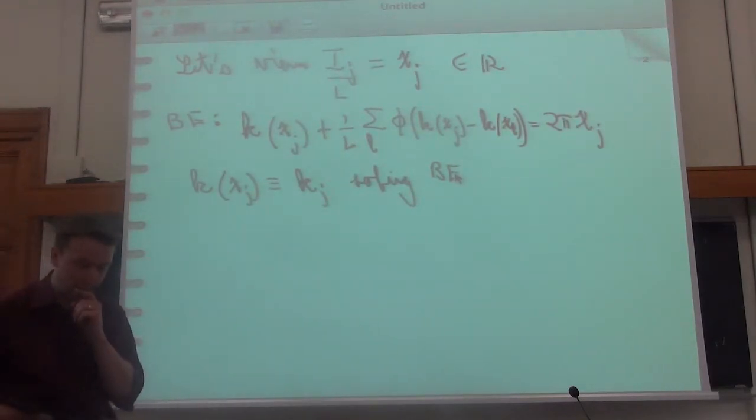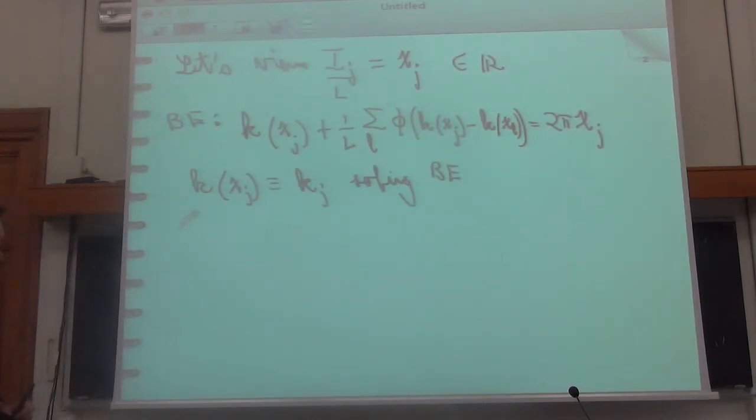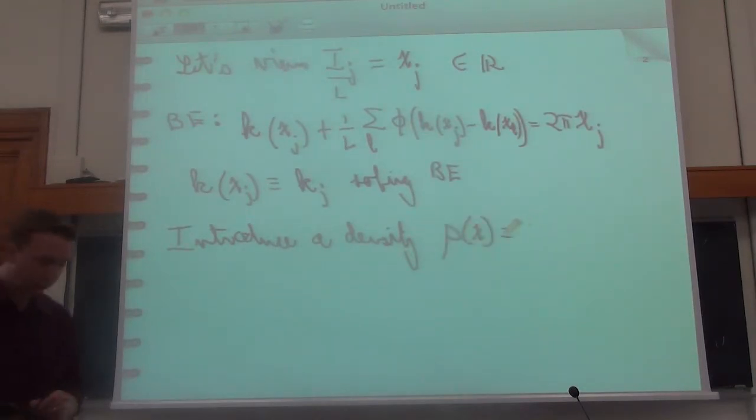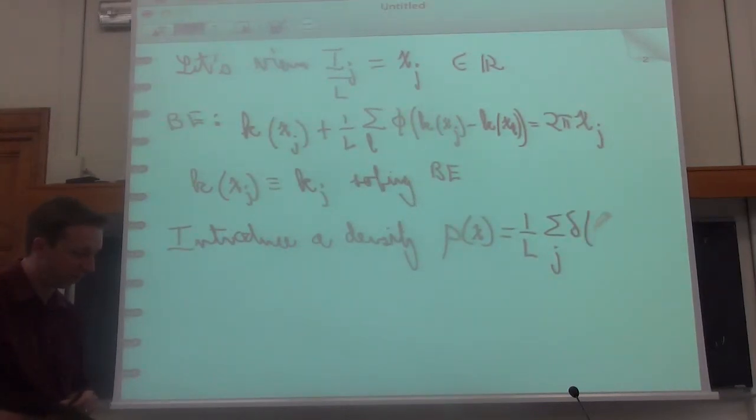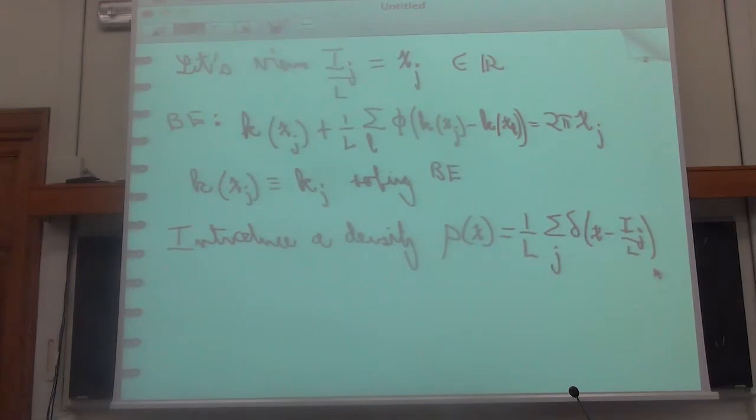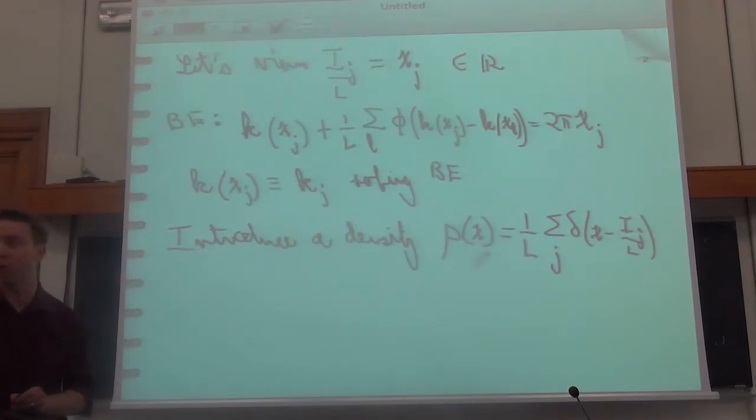Now what we can do is essentially introduce a density, which we will write as rho of x, which is 1 over L summation over all the quantum numbers that you have of delta of x minus ij over L. Okay, so given a proper set of quantum numbers, you have a well-defined distribution rho of x, which is defined according to this summation.